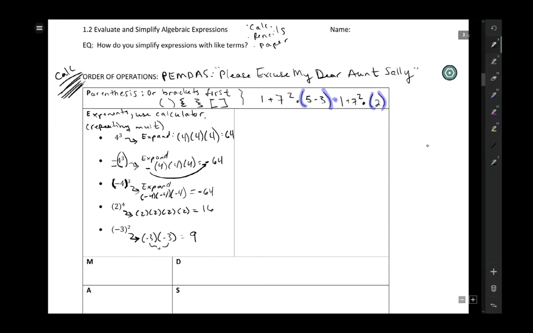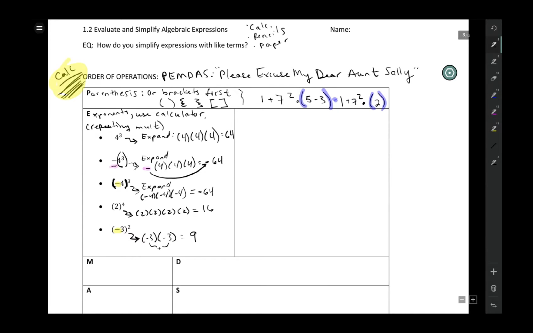So you're going to get positive 9. So that's where the negatives can trip people up. So negatives out front, okay? Negatives inside. Out front, inside, just be careful expanding those. And when in doubt, use your calculator. Be sure to put it in parentheses and everything like that.